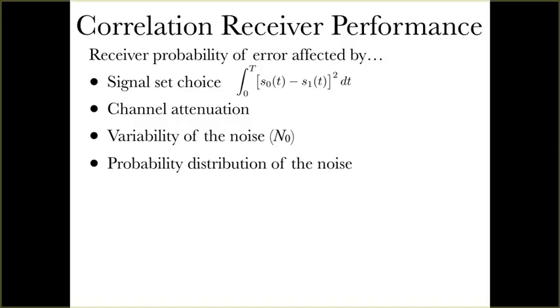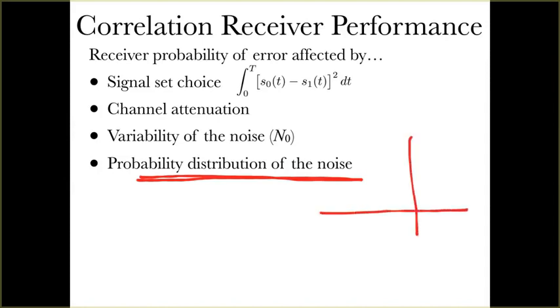So we have to assume something about the range of values and which values occur more frequently than others in the noise. And what we're going to assume is the so-called Gaussian model, where the noise amplitude tends to have this kind of distribution. So this says that the amplitudes close to 0 occur more frequently, and very infrequently do you get very big values.